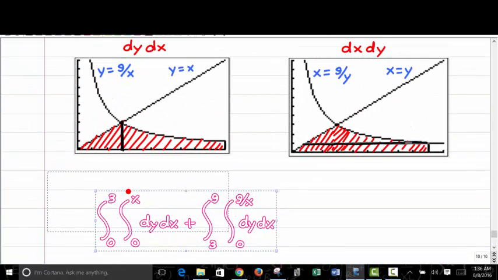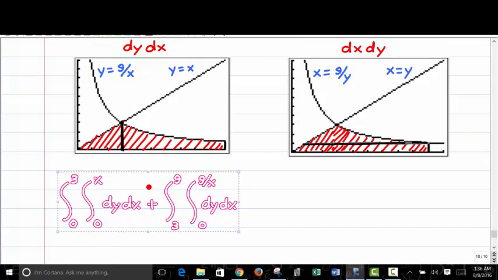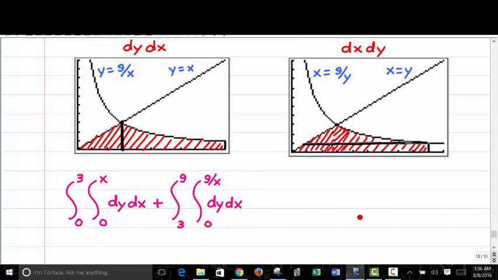The left one, the left triangle part, would go from 0 on the bottom to x here, and then 0 to 3 for the x-axis. That represents the triangle. Now for this part of it, lower to upper, 0 would be the lower, 9 over x is your upper, and then for x, I'm sorry, you're starting at 3 and finishing at 9.